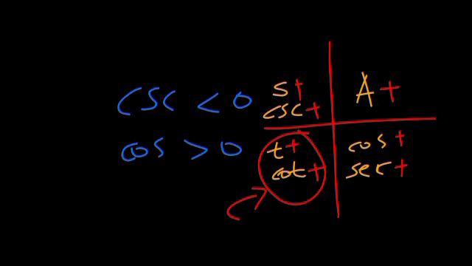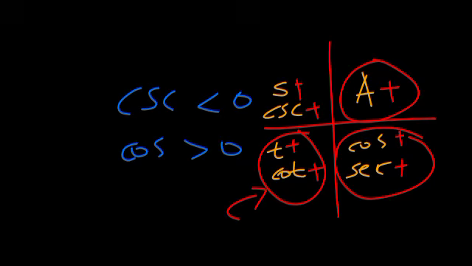Now, where can we find cos theta positive? Cos theta is positive in the first quadrant and in the fourth quadrant.